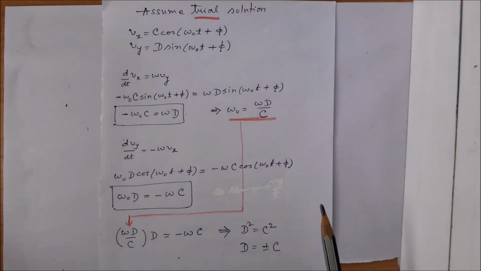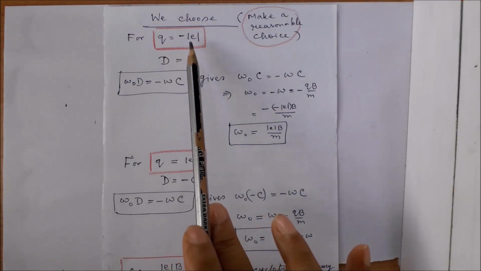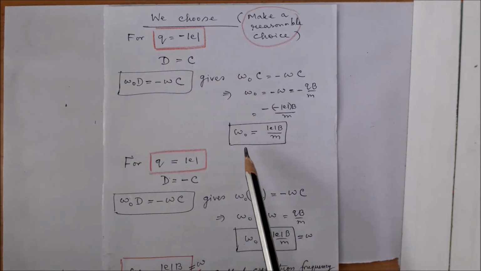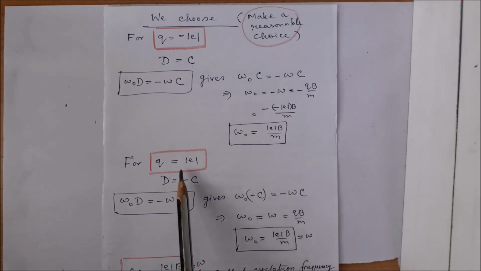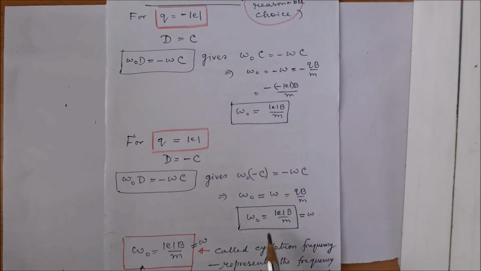We thus have to write correspondences. For a negatively charged particle, that is for q equal to minus mod e, let us choose d equal to c, and this leads to omega 0 equal to mod e B by m. For positively charged particle, let us choose d equal to minus c, and this leads to omega 0 equal to mod e B by m, which is equal to omega as we got previously.